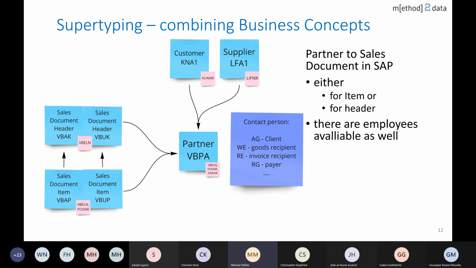And there are in there 30 or 35 different contact persons. It's very thorough and very complete. Client, goods recipient, invoice recipient, payer, receiver, everything. Everything you can ever imagine is listed here as a possible contact type.